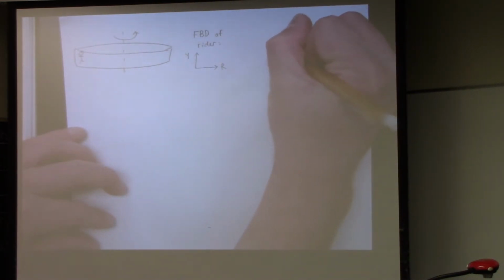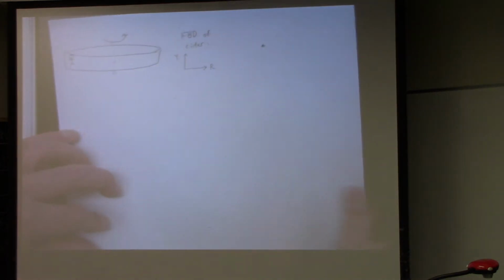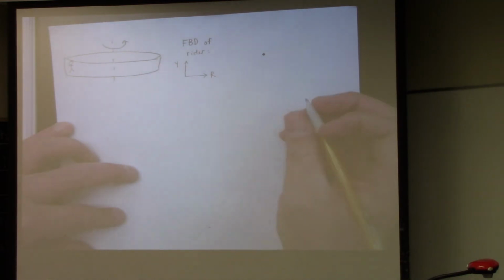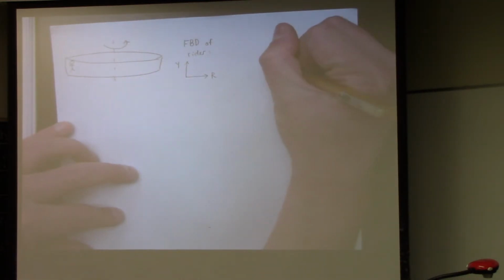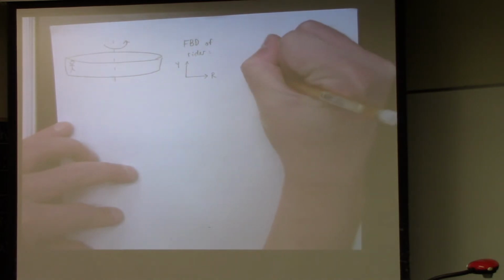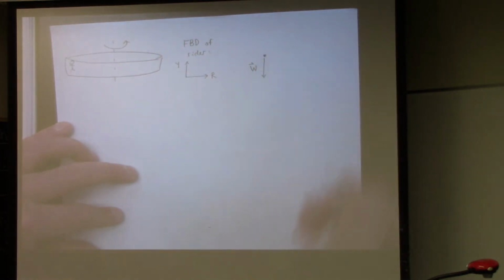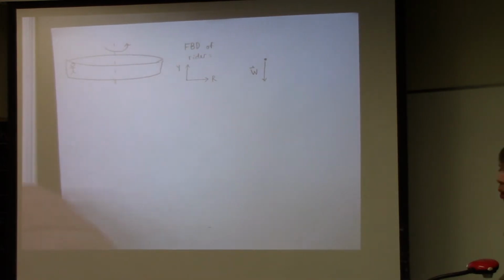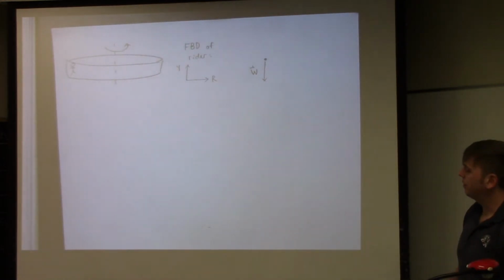This dot right here represents the person, and on it we're going to show all the different forces acting on the person. The most obvious is the weight. The force of gravity is always going to be present. There's another force to consider here, which is the normal force from the wall. We have to think about this carefully.